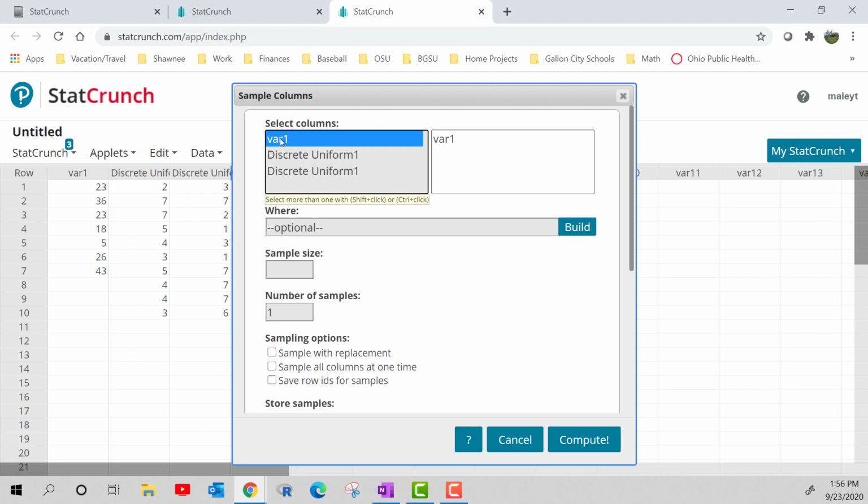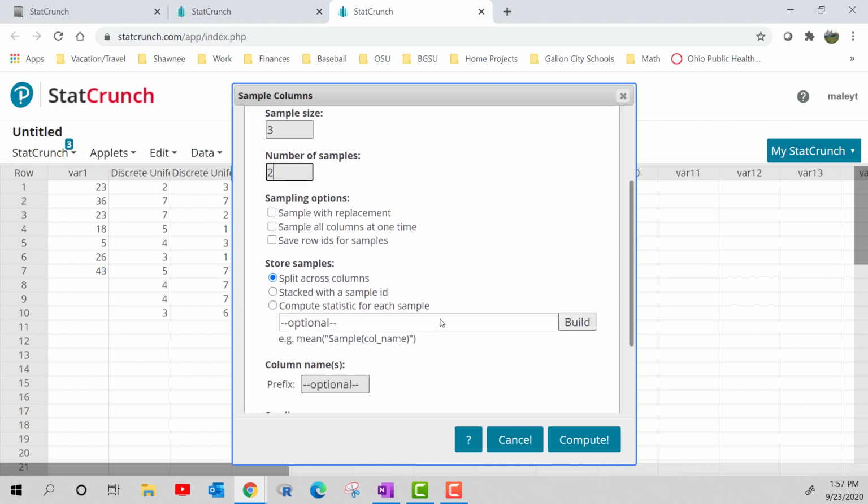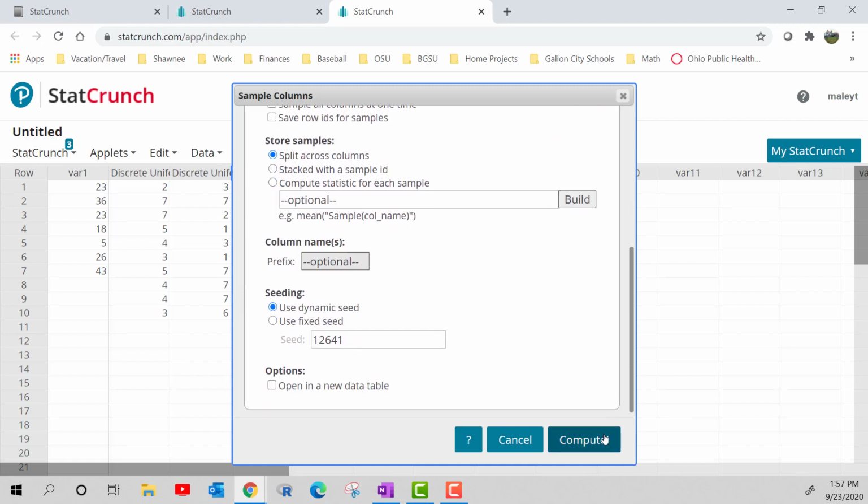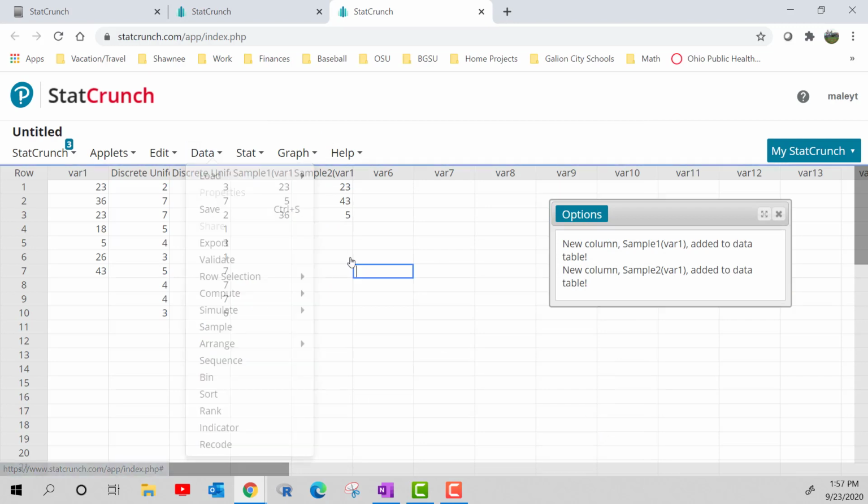So I want to take from variable 1. The sample size that we want is 3, and we want 2 samples. And then I can hit compute. And here are my 2 samples. Notice I didn't have to use a random number generator because it randomly picked numbers that existed in this column. So that's helpful.